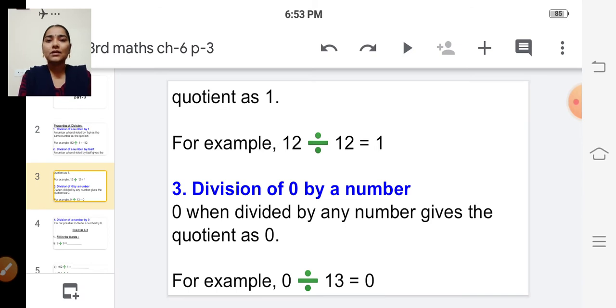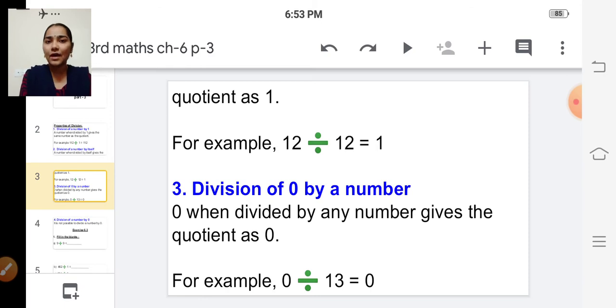The third one, division of 0 by a number. If we divide 0 by any number, then we get the quotient as 0.